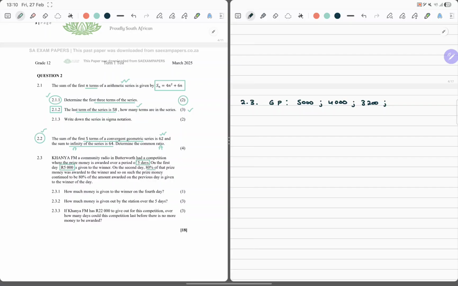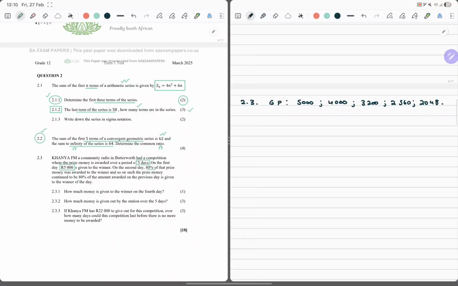So the next one should be 2,560, right? The last one is going to be 80% of that, which is 2,048. Okay, that's it. Because we're told there's just 5 days here, so that's essentially what happens.